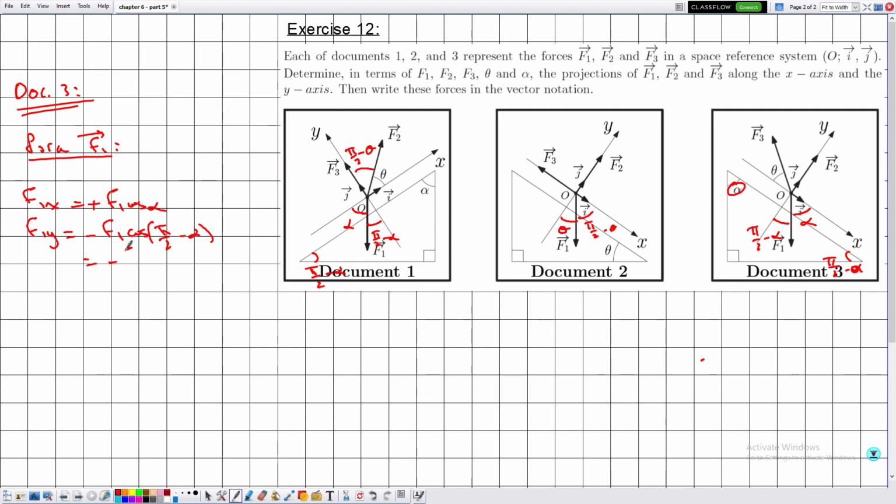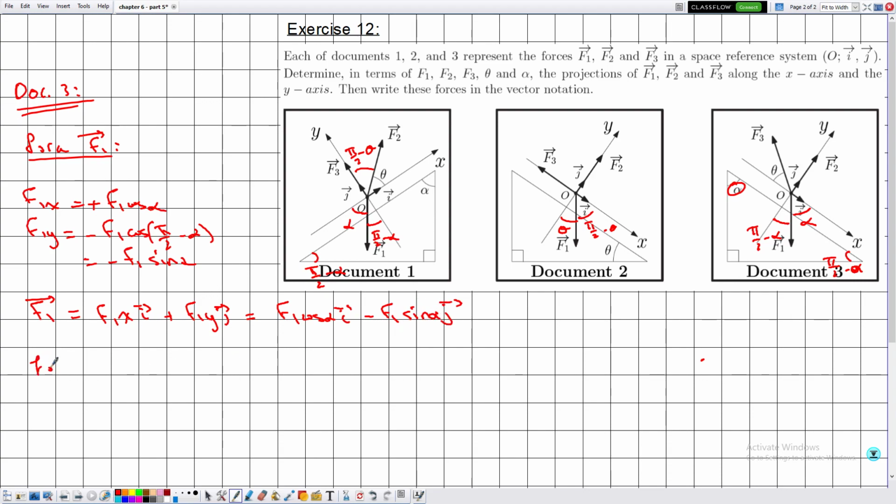So this is equal to minus F1 sine alpha. Then in the vector notation, F1 is equal to F1x i plus F1y j, which is equal to F1 cosine alpha i minus F1 sine alpha j.